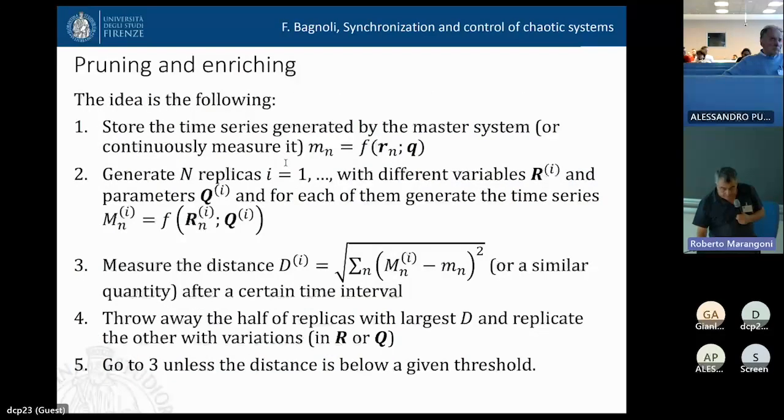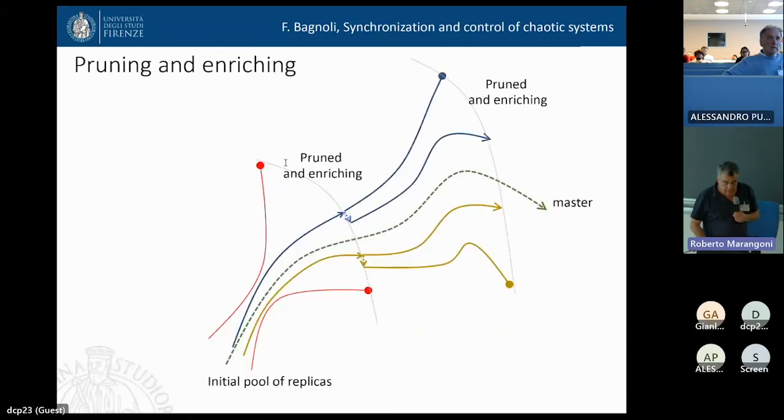So the idea is to have a family or ensemble of replicas. Maybe this is the more visual way. Let's suppose I have an ensemble of replicas. Each replica has its own state variables and parameters. Then I let them evolve for a certain time, and then I perform a kind of genetic algorithm.